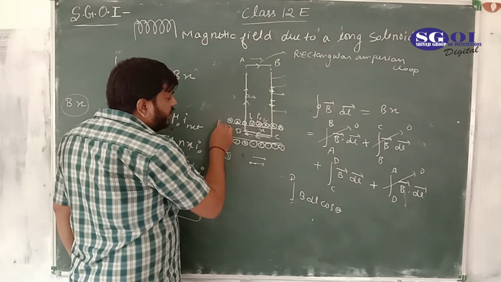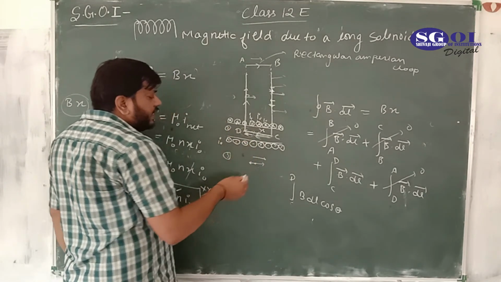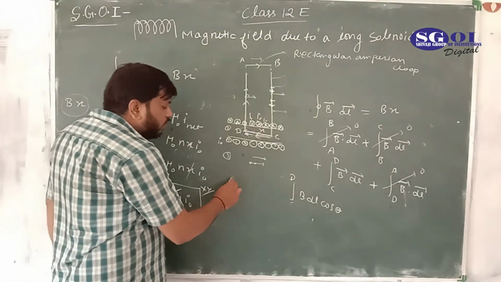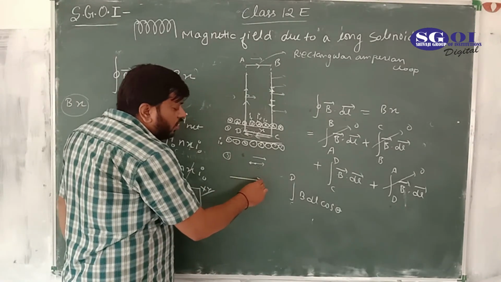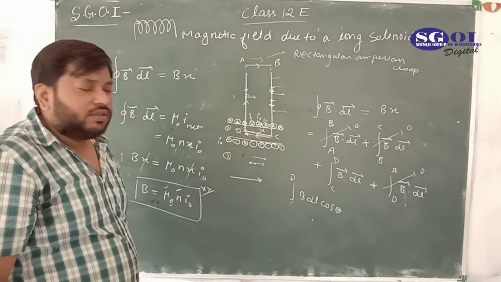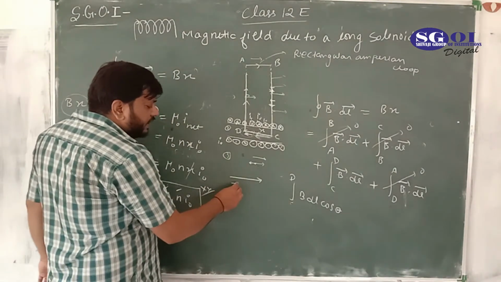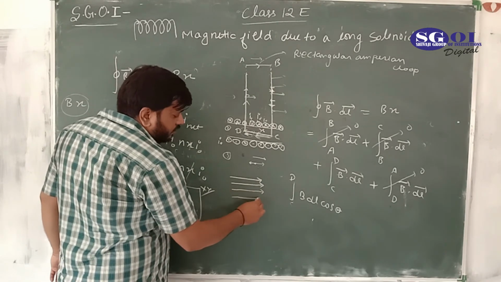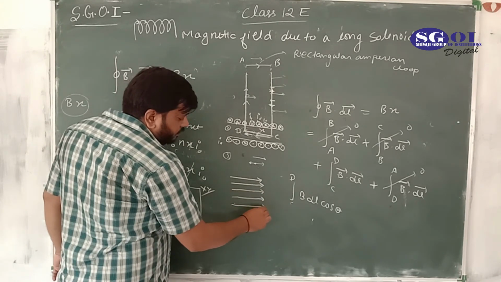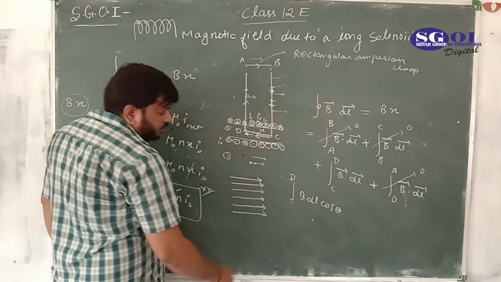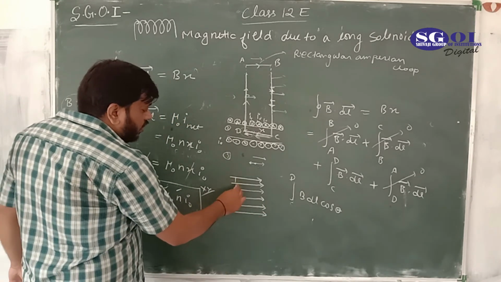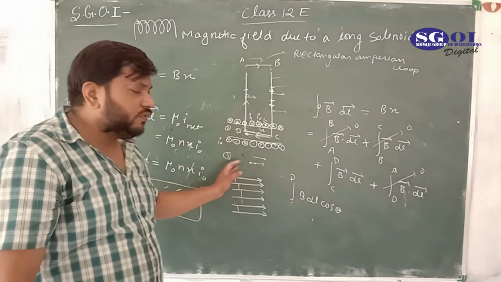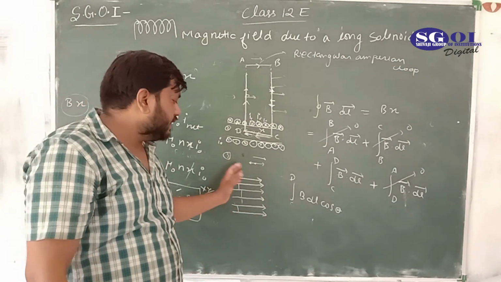So the magnetic field is constant, and we know that in the electric field, if we want to draw a uniform electric field, the distance between all the electric field lines must be the same. Distance between all the electric field lines must be the same for a uniform electric field.